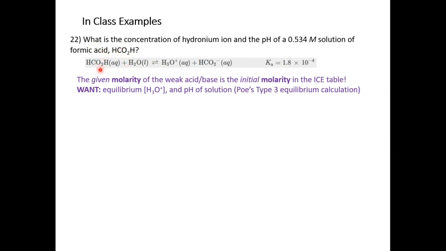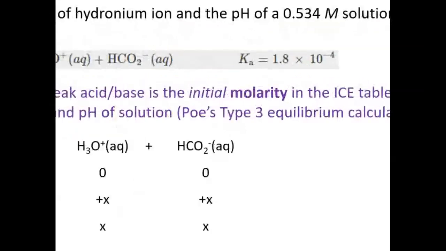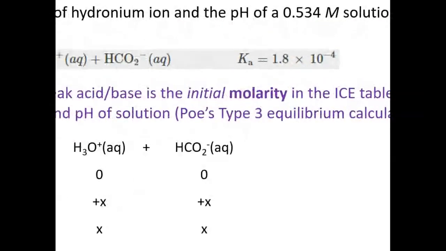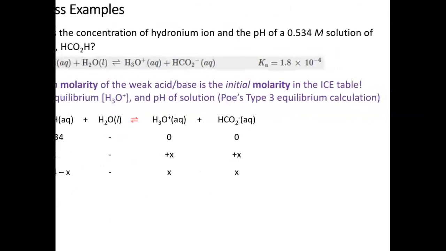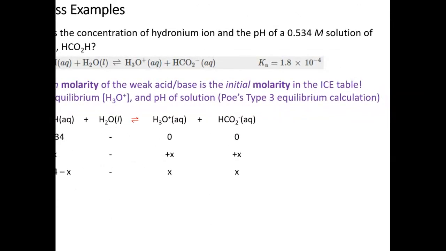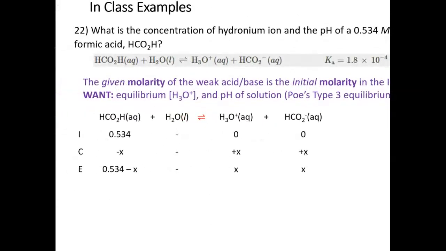So formic acid is an acid. So when it does hydrolysis with water, there is the equation. Okay. And there's the Ka. What if I have 0.534 molar formic acid? So there's my initial concentration, 0.534 molar.